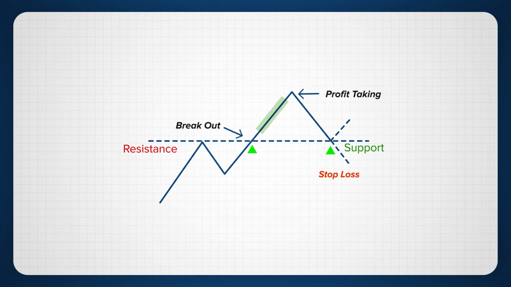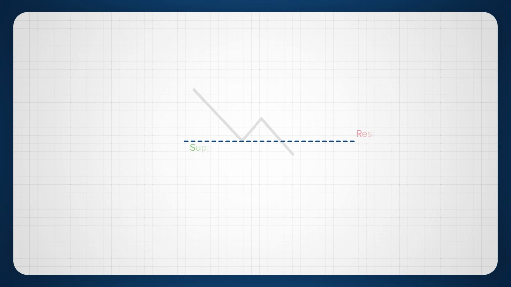Now, like I said before, it happens on the way up and it also happens on the way down. I'm not going to get into the strategy on how to trade the role reversal on the short side, but I want you to know that the dynamics are the same.